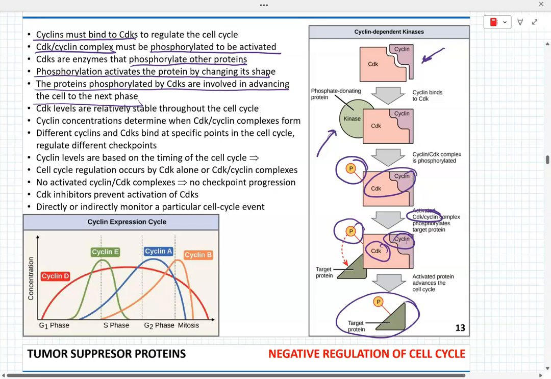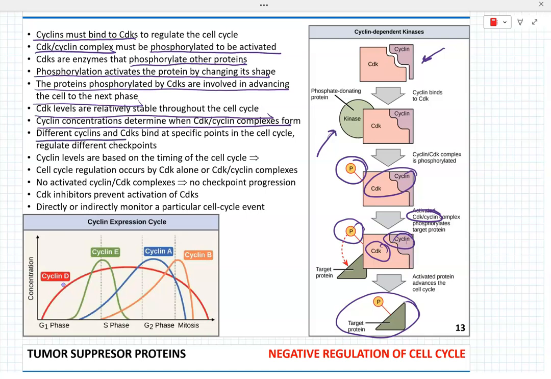Now, the levels of CDK are relatively stable at each phase of the cell cycle, but it's the cyclin concentrations that will determine when and whether CDK-cyclin complexes form. It's conceivable that different cyclins and CDKs will form complexes at different points in the cell cycle to regulate different checkpoints.